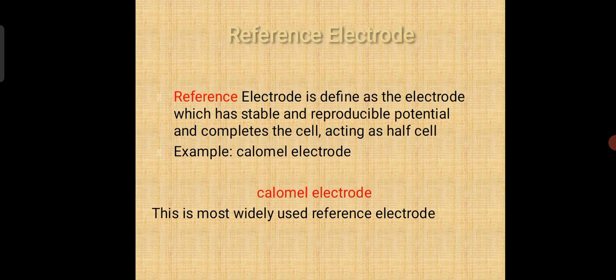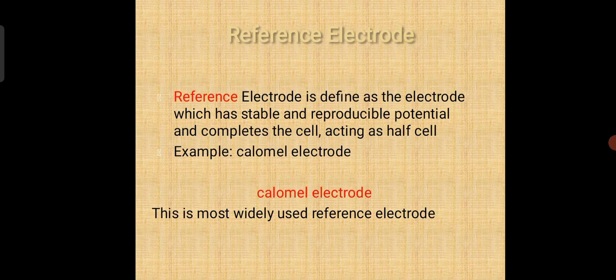There are two types: primary and secondary reference electrodes. The primary reference electrode, for example the standard hydrogen electrode, has a potential of 0 volt.